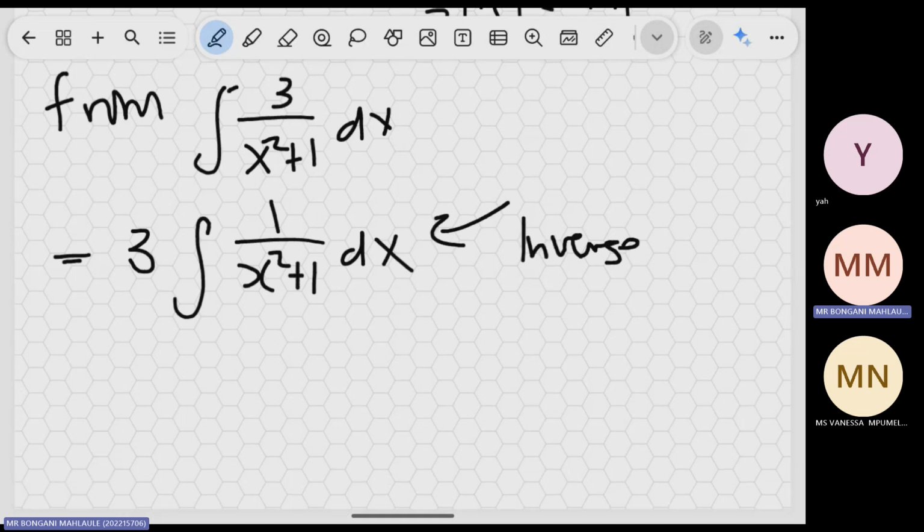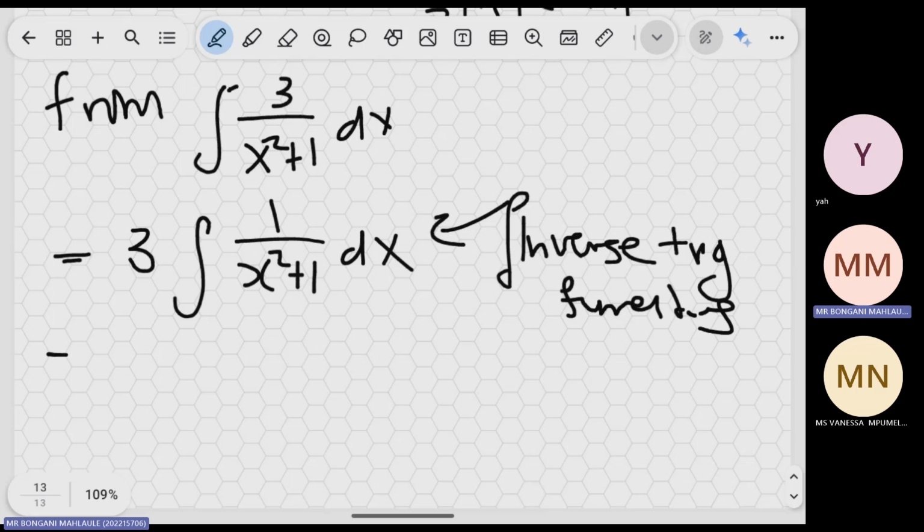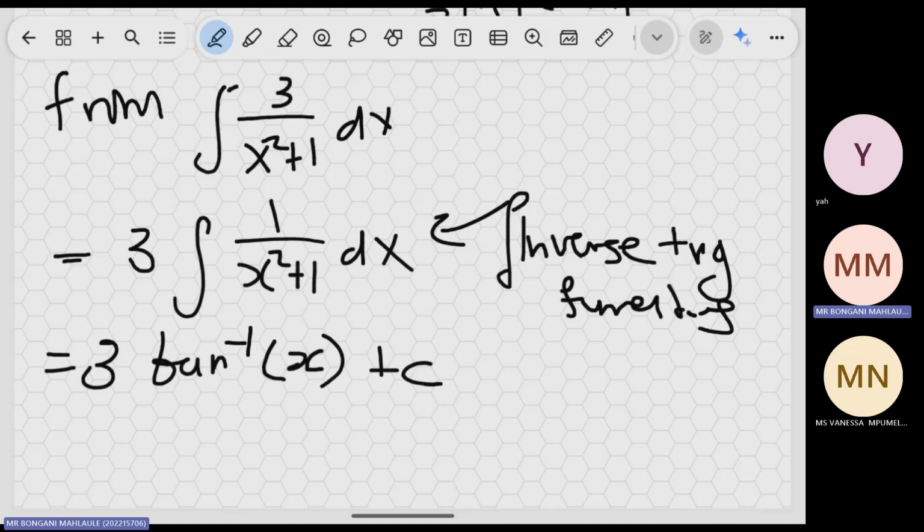So this falls under the integral of inverse trigonometric functions. So the answer to this one is just the arctan of x plus c.